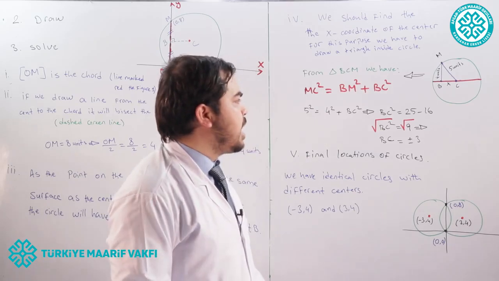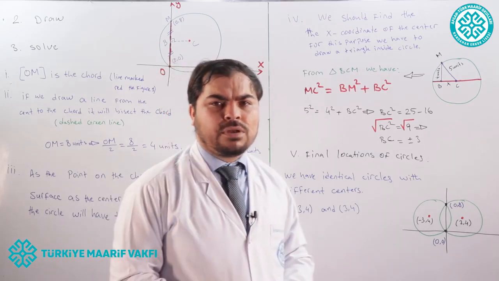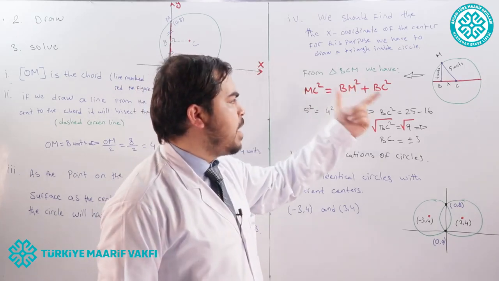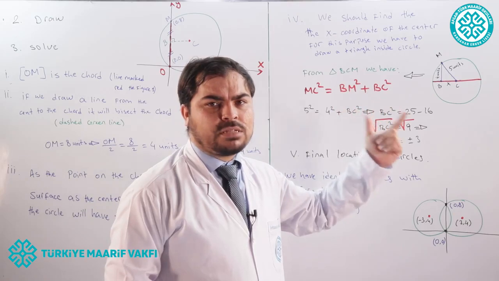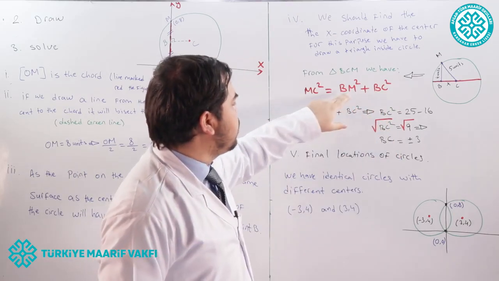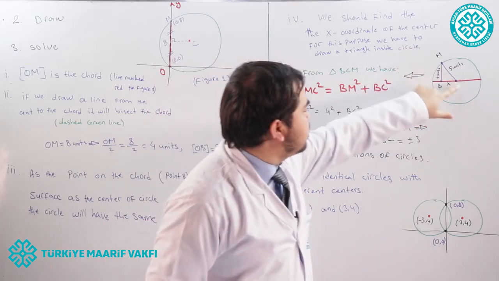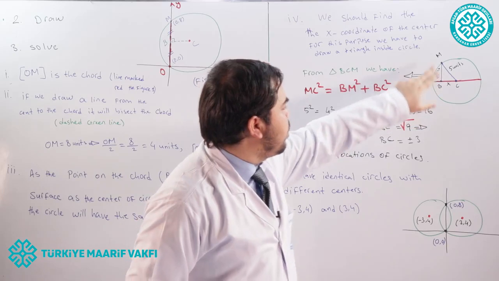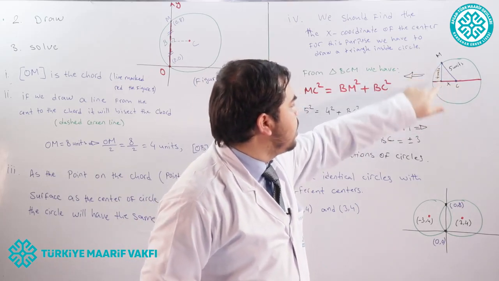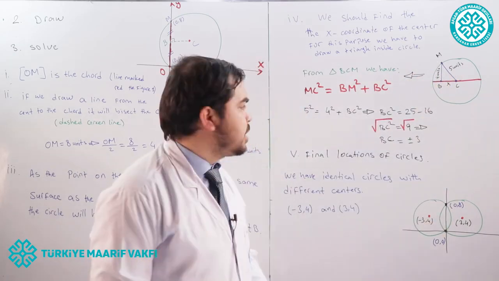This is a right triangle, and for a right triangle we can easily use the Pythagorean theorem to find the unknown side. MC squared is equal to BM squared plus BC squared. MC is the hypotenuse, BM is the opposite side, and BC is the adjacent side.